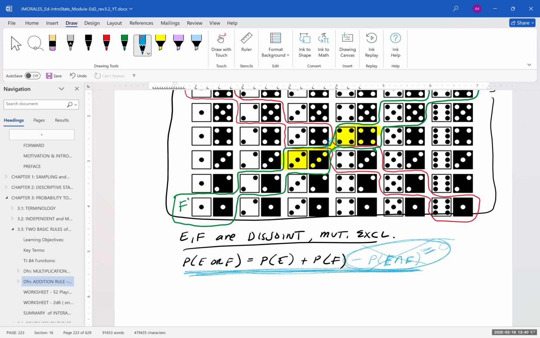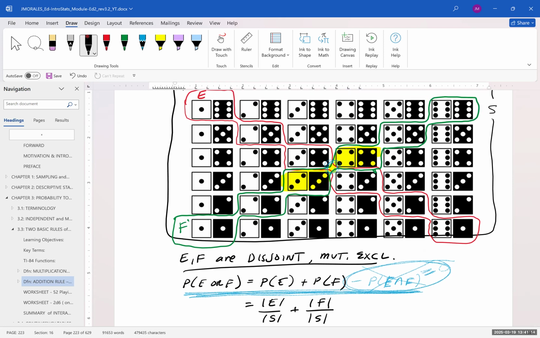All right, so now we just have to consider the probability of each single event. So what's the order of event E? How many do we have? Well, we've got 1, 2, 3, 4, 5, 6.